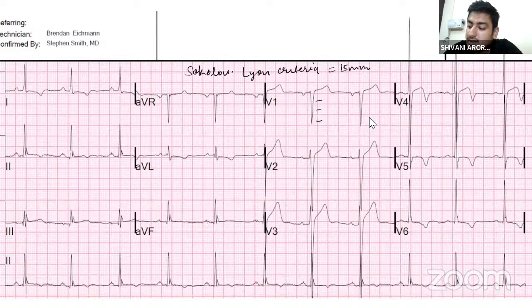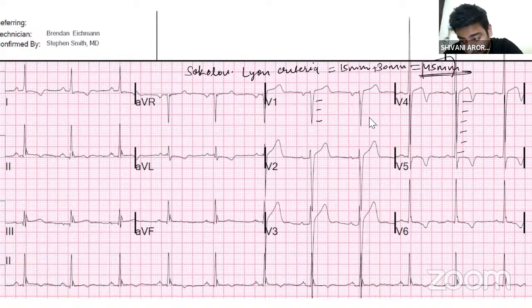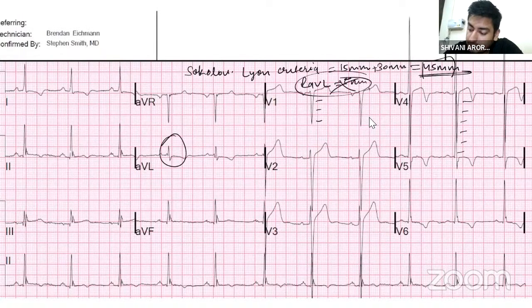So it is satisfying this first component, but R in AVL is only 5 mm. It is not satisfying the second one. But if it satisfies one component only, we can say that there is LVH. Now we can apply Cornell's criteria.